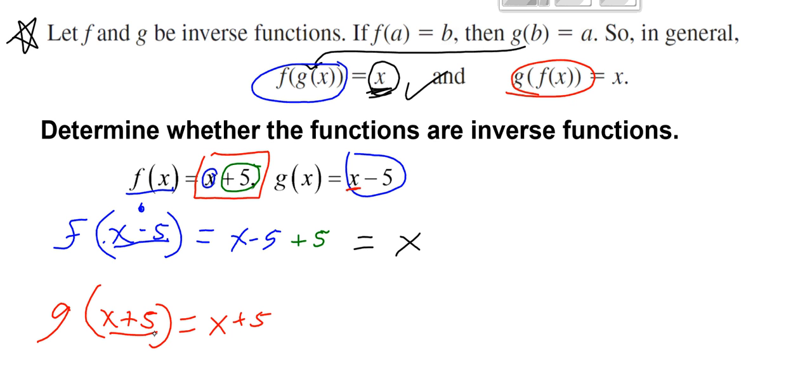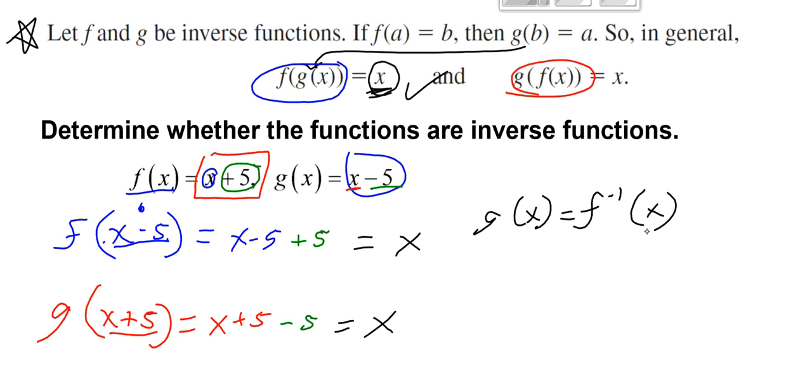And then I'm going to subtract 5 from it. I simplify that out, and that equals x. So therefore, I can say that g of x is the inverse of f of x. So that's how we can test if functions are inverses of each other.